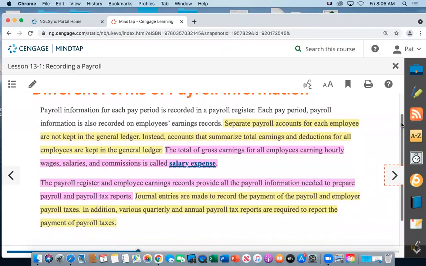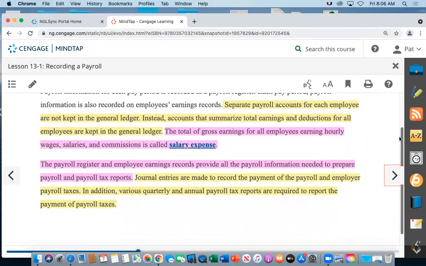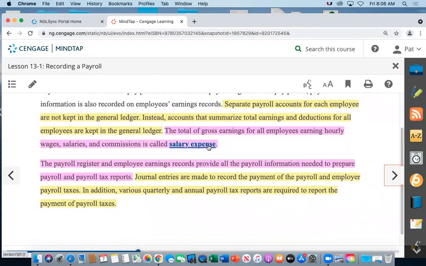All right. So payroll, different forms of payroll information. We're going to have this thing called salary expense. That is going to be a new account that we will debit. Expenses have a normal balance of debit, so salary expense is a debit. Then we will have these three payables, these taxes, that we will add up, and the salary expense is the debit.